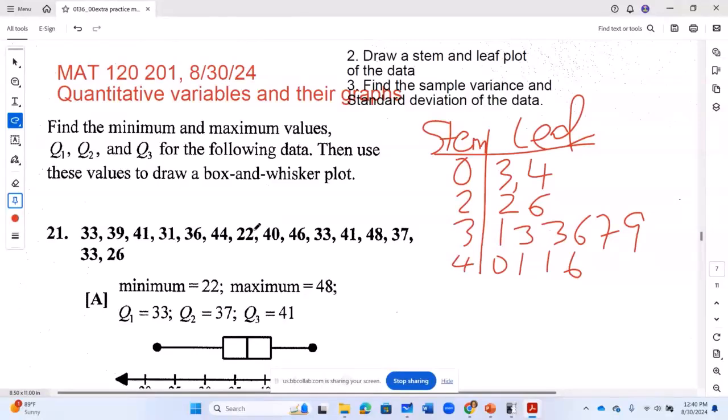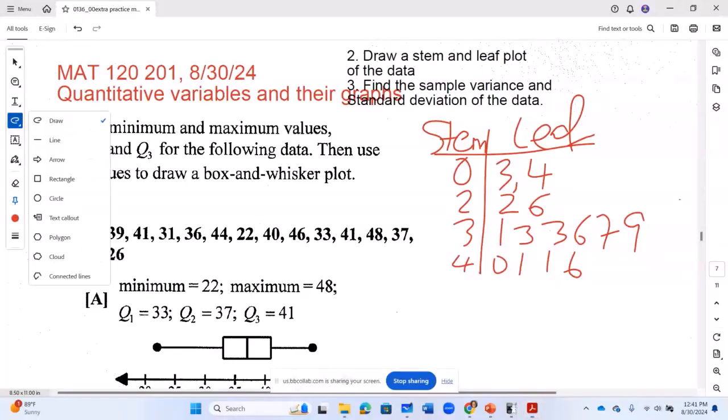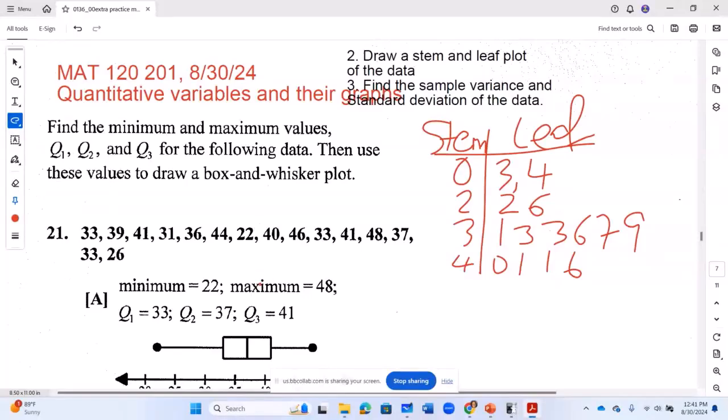Also, from my stem and leaf plot, I can be told to show if the data is skewed right or skewed left. So when I eyeball this data, I can actually superimpose a density curve on it.